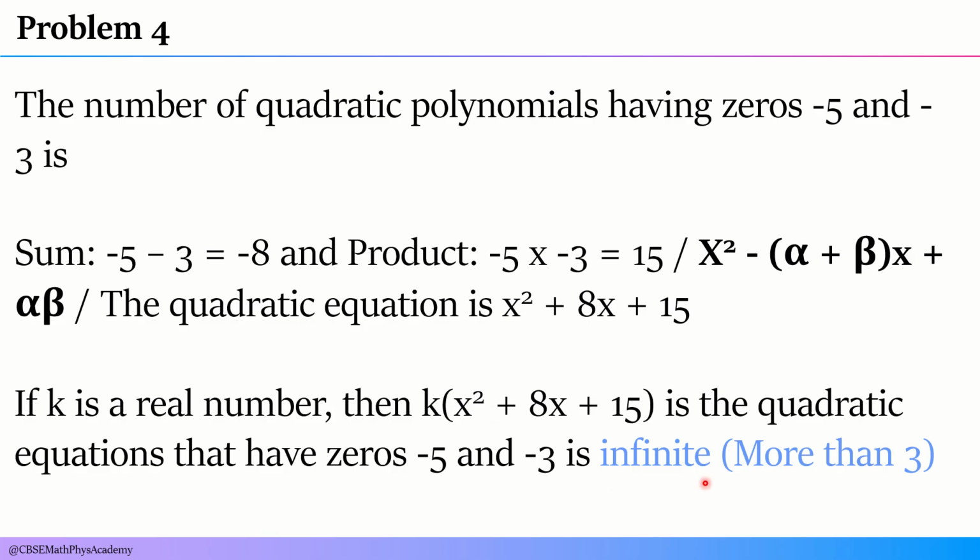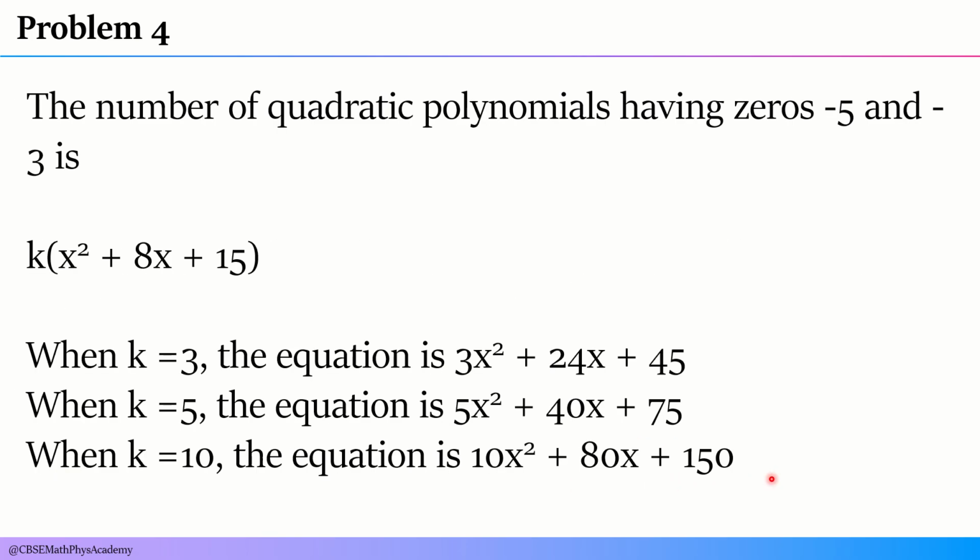So the answer is infinite, or in terms of the options your question has, it is more than 3. In some years they have given the option as infinite polynomials, so that's why I have brought in both.